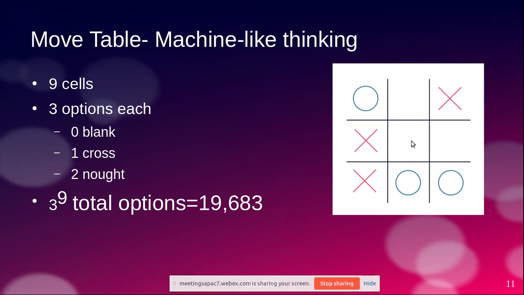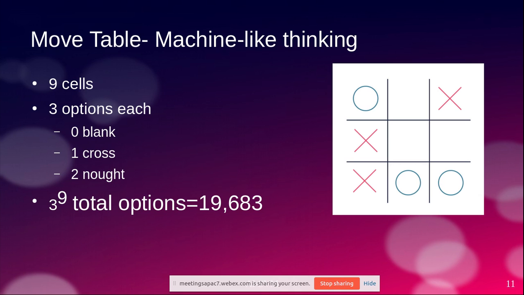And the difference between us playing the game and making a machine play the game is that a machine cannot see everything in parallel. You can see all nine cells together. You can easily differentiate between a knot, a cross and a blank because the eye has a retina with multiple receptors, and between the retina and the brain there are multiple connectors, and the whole vision system is working in parallel.